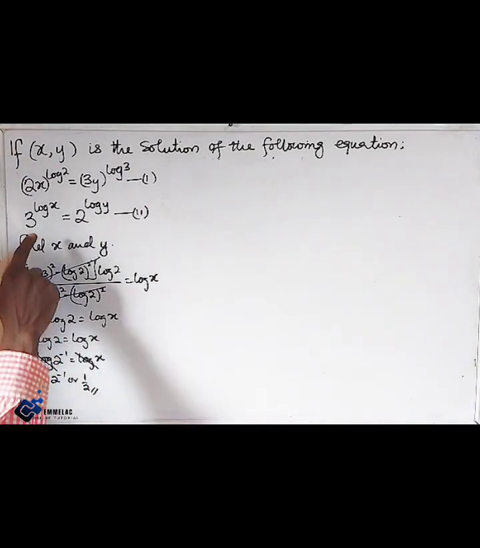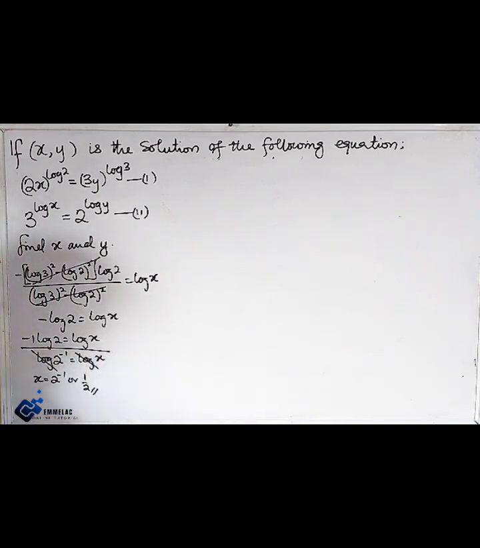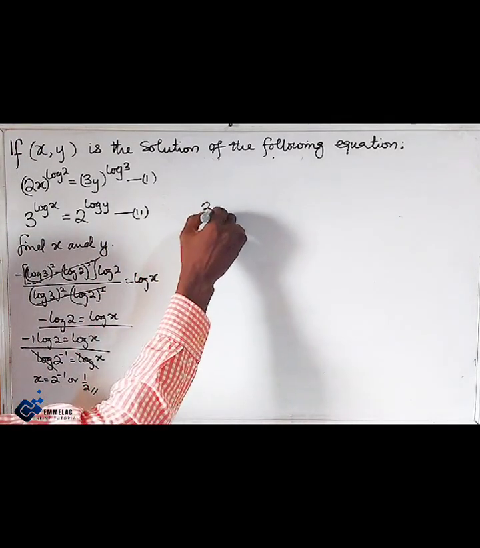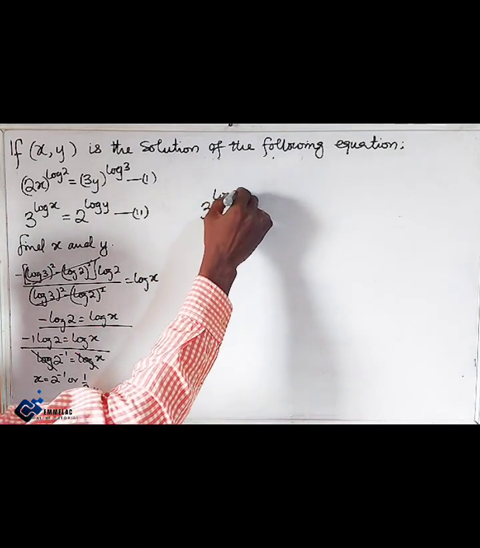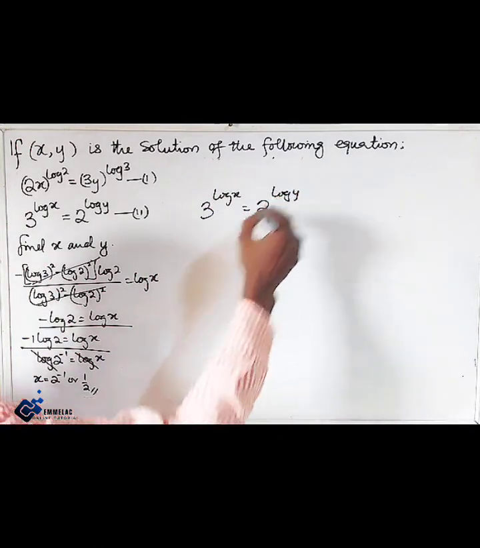So let us plug in the value of x in equation 2. Now take note that here, log x equals negative log 2, right? From here we have 3 raised to the power of log x equals 2 raised to the power of log y.